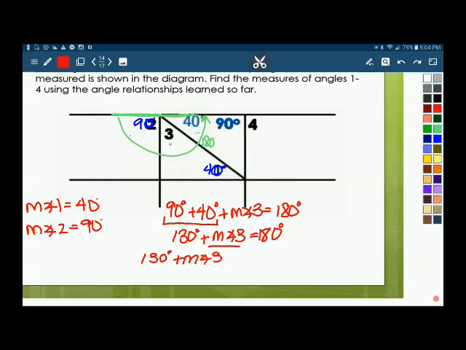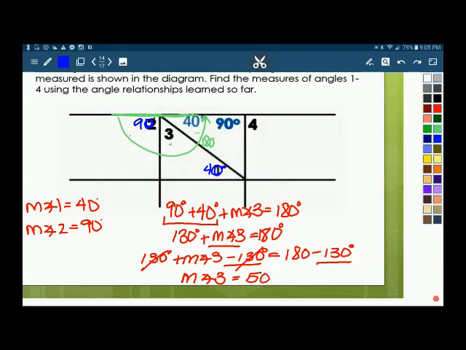So I'm just writing what I have on the left, minus 130 is equal to 180 minus 130. So it's like I inserted this minus 130 on both sides of the equation. So this positive 130 will cancel with this negative 130, and I'm left with the measure of angle 3 is equal to 50 degrees.